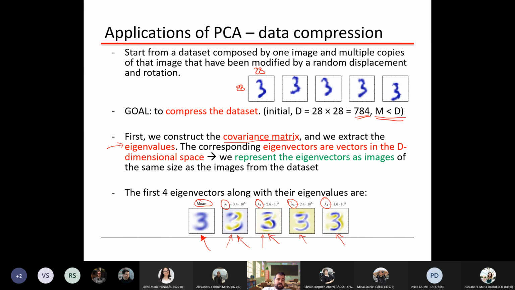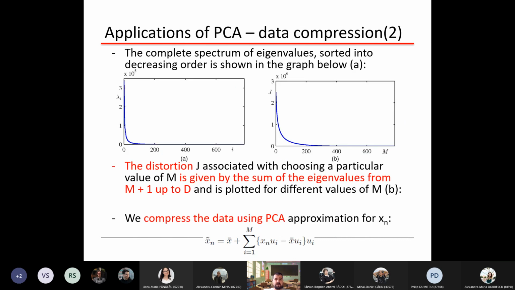And now, having these eigenvectors and eigenvalues, we can represent the data as we saw before, as the mean plus some differences between the points and the mean. But first, let's see.